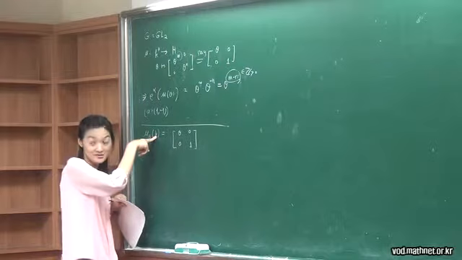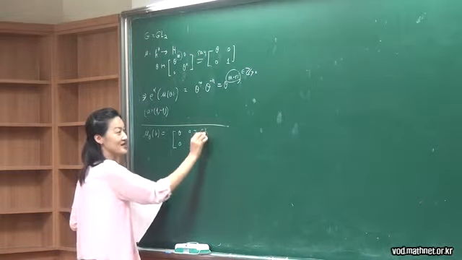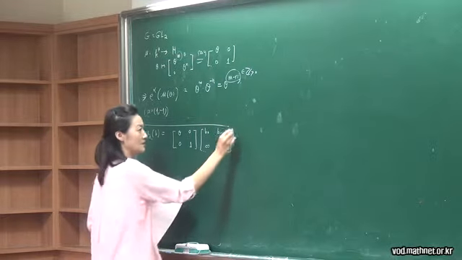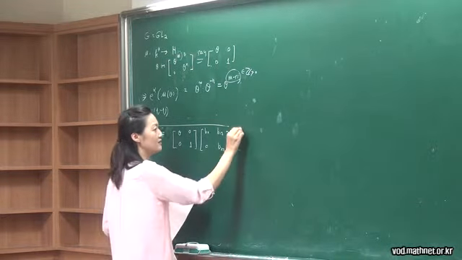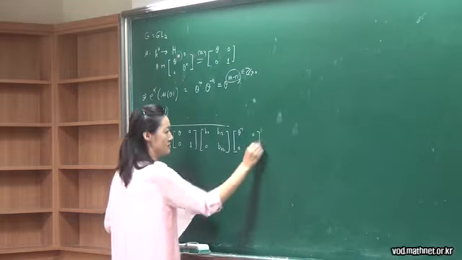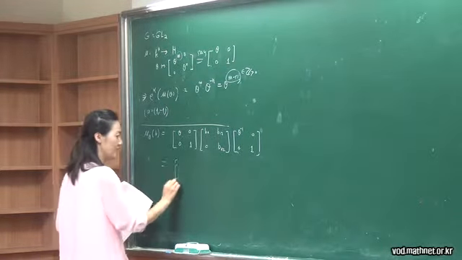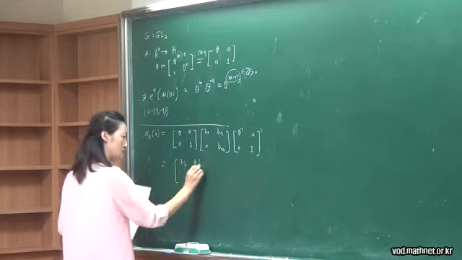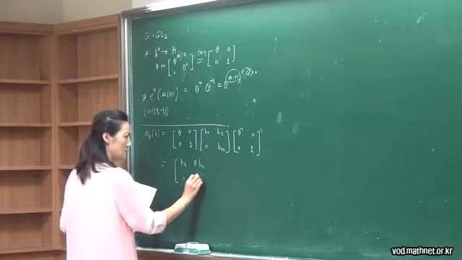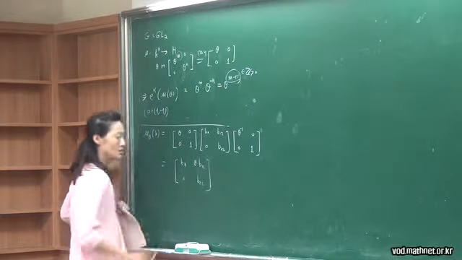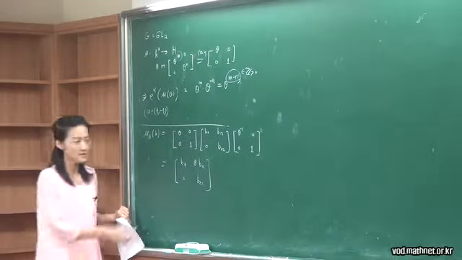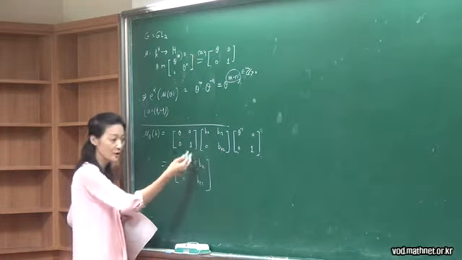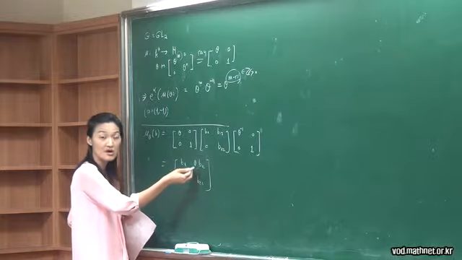B is an upper triangular matrix, which I denote as B11, B12, B22. Multiplying by the inverse, what you get is B11, theta times B12, 0, B22. So the thing is that you always have positive powers of theta.